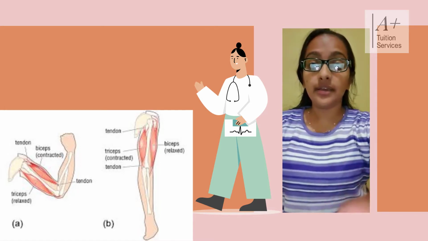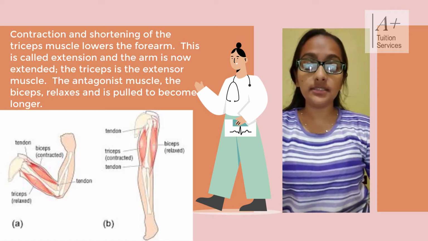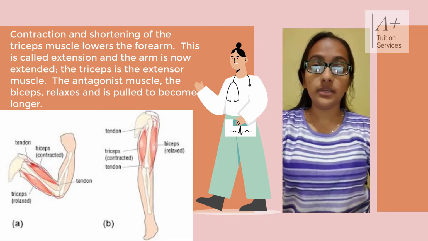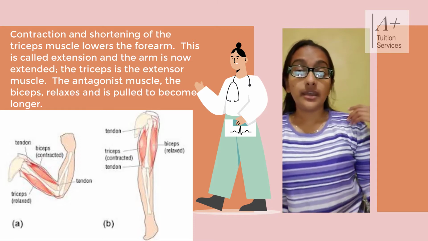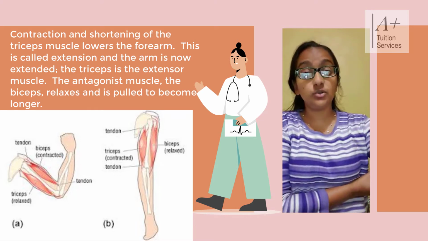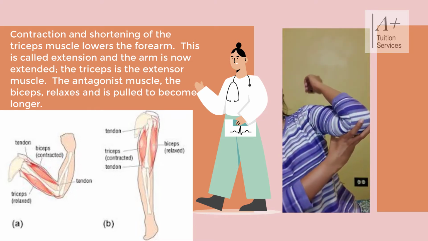Moving on, you have the opposite effect taking place when the elbow is extended. Your tricep muscle shortens and contracts now to pull the hand from this position to this position.